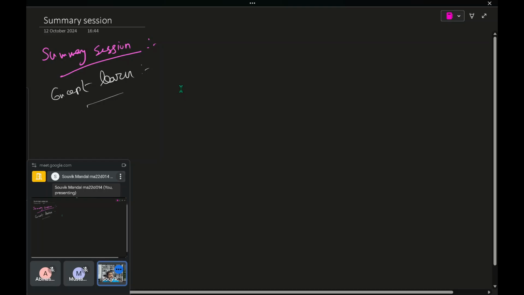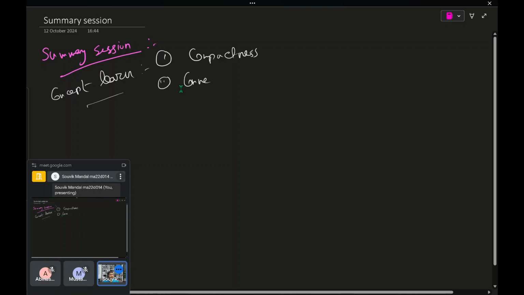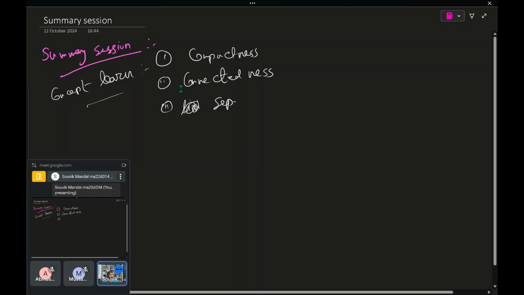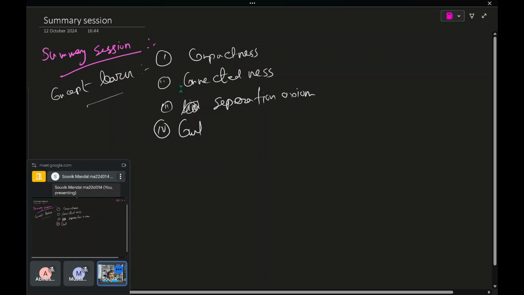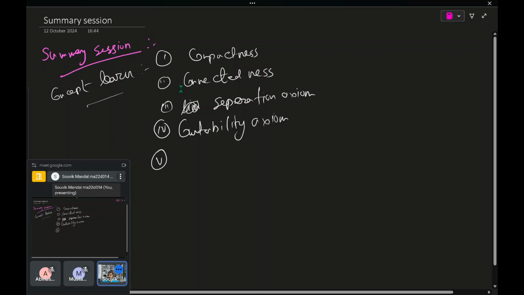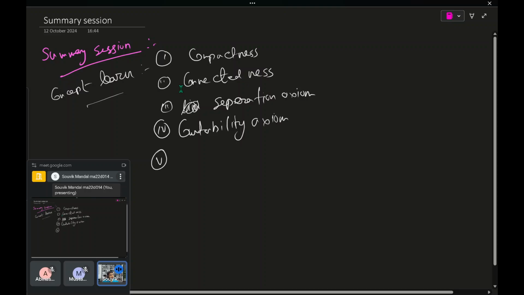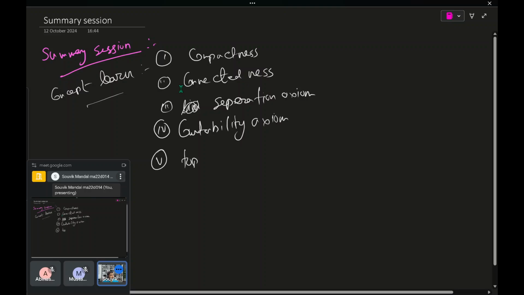From the topology point of view, the things are as follows: one, compactness; two, connectedness; three, separation axioms; four, countability axioms; five, topological dimension; six, topological groups.